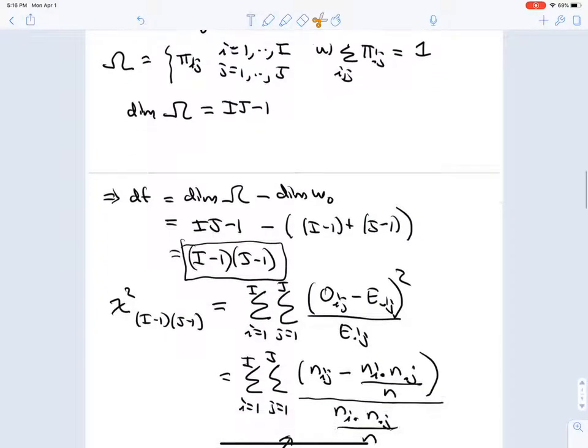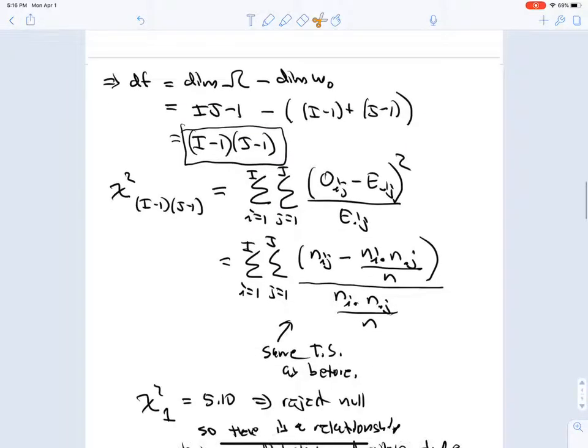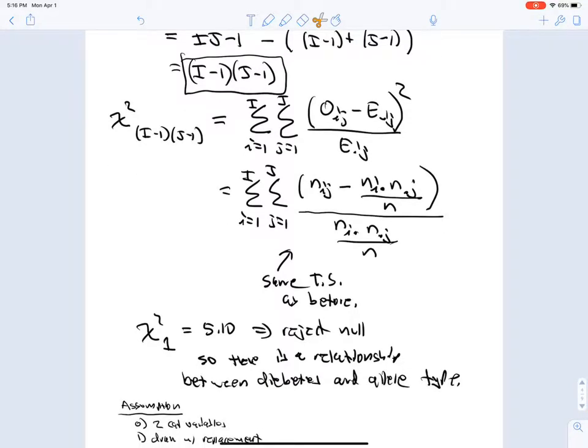So then the degrees of freedom is the dimension of capital omega minus dimension of little omega. And you do a little fancy math and you get I minus 1 times J minus 1, just like we had before. Then we calculate the chi-squared, and we get exactly the same test statistic that we got before, which in this case is 5.10. We reject the null and conclude that there is a relationship between diabetes and allele type.